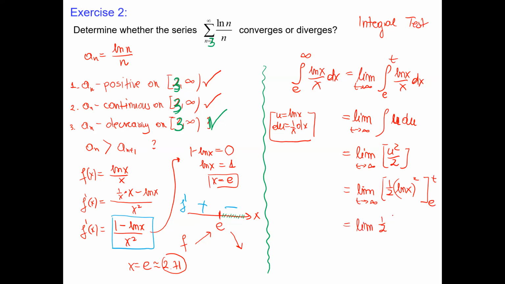It will be 1/2 natural log of t squared minus 1/2 natural log of e squared. And t goes to infinity, and natural log at infinity goes to infinity. The other is a finite number, ln of e is 1, so 1/2. But the infinite part is taking the lead. The improper integral diverges.